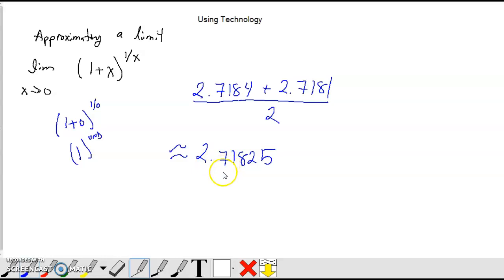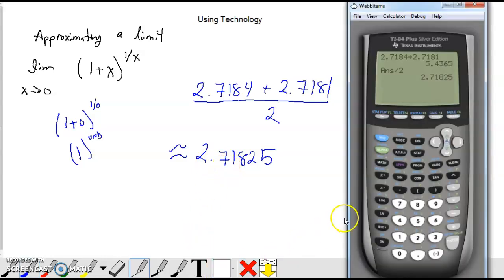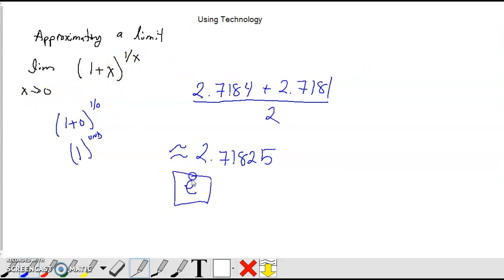Now 2.71 should remind you of something, and hopefully you see it on my calculator. It should kind of remind you of e. So we're off by just a little bit. Again, the closer we got to 0, I think we would have gotten closer. So this limit as x approaches 0 is actually e as our answer.